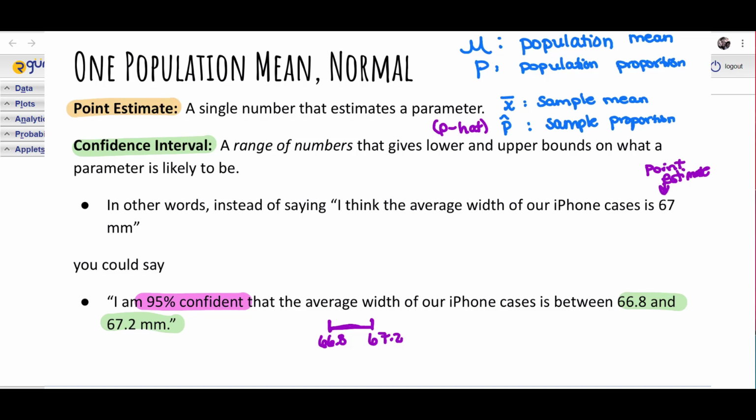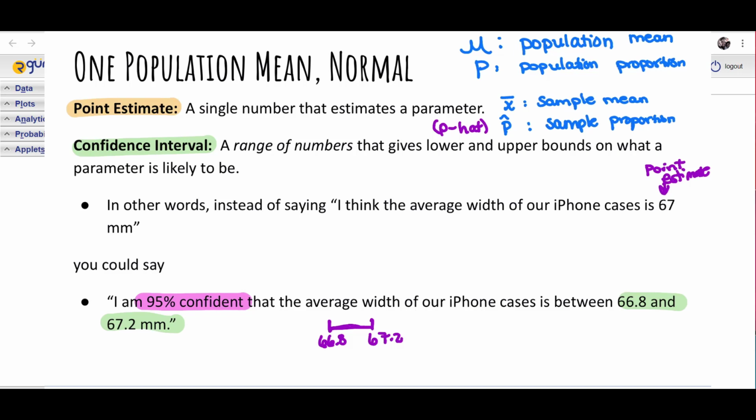Basically it means, if we were to repeat the process we used to calculate this confidence interval of 66.8 and 67.2 a large number of times, 95% of the time the true mean would fall within those boundaries. That means 5% of the time it would fall outside of what we estimated, but 95% of the time we would be correct.